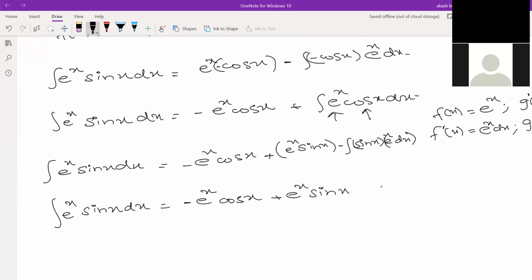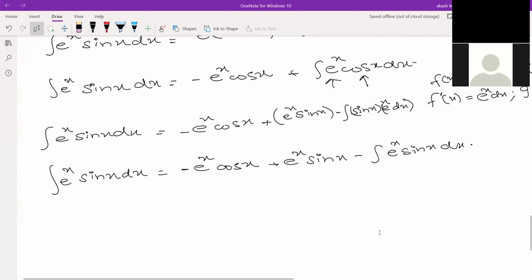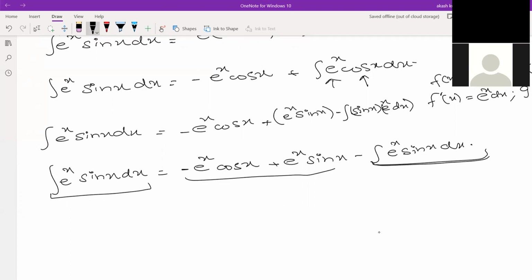That gives e^x sine x minus the integral of e^x sine x dx. You realize one thing, that we have got the question again. The same thing. If we differentiate again, we are going to get the same thing with the question. Did you get my point?